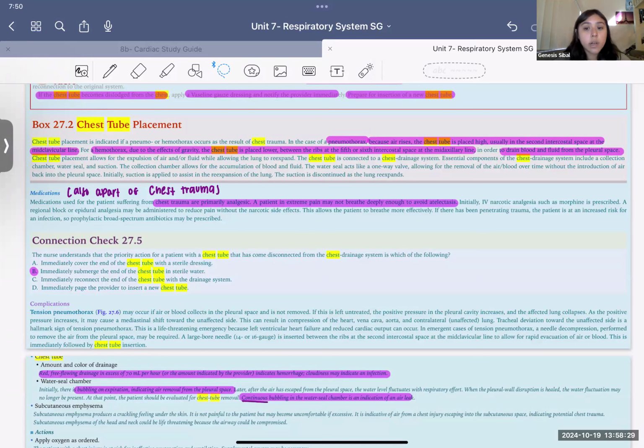So that's not talking about the drainage system. You should always keep the drainage system below the patient. But in terms of the actual chest tube, just know that it's going to be lower for hemothorax to drain the actual blood. And because again, air rises, it's probably going to be higher with the chest tube.